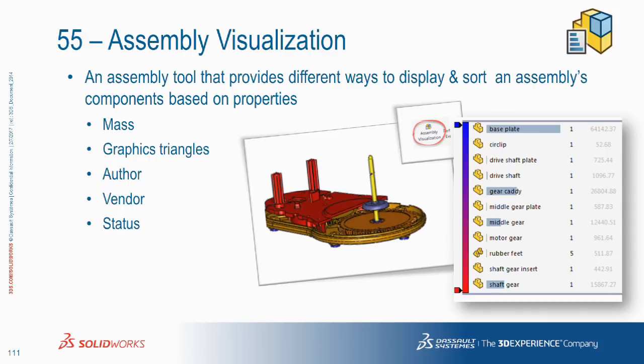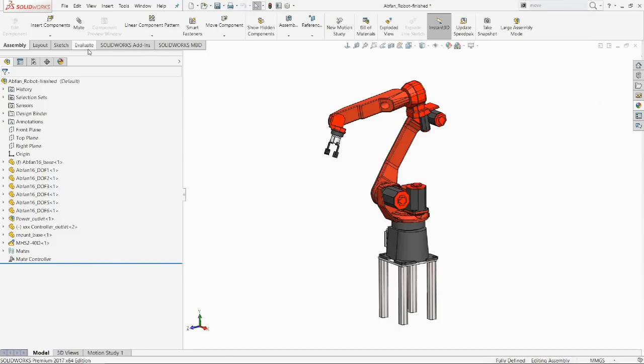Assembly visualization. This is another tool that's very similar to the performance evaluation tool, but this one will actually graphically show you the results of things like rebuild time or graphics triangles or the mass, or even custom properties like who made it, who's the vendor, what state is this project in, right? So let's take a look at this.